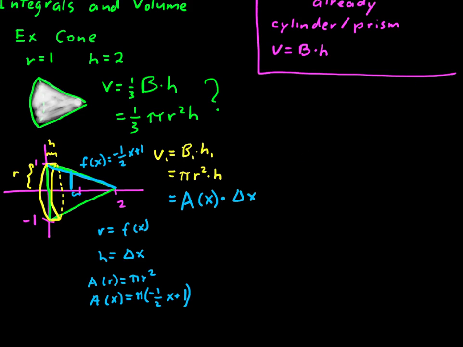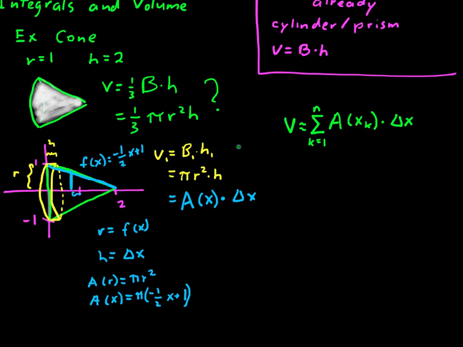And so the volume will be approximately equal to the sum. Let's go from k equals 1 to n of my areas in terms of some x value multiplied by the change in x.